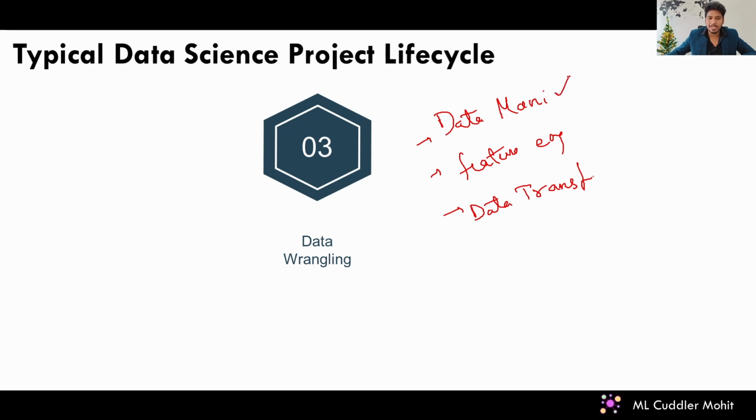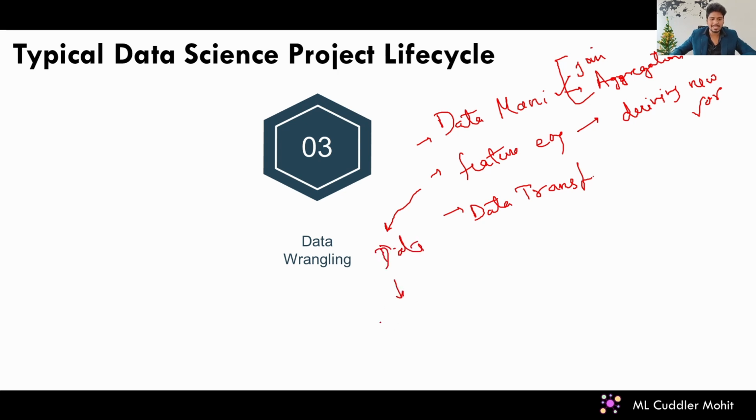In data manipulation, let's say you want to perform joins on two different data frames, or you want to perform some aggregation, like group by in SQL. After that, feature engineering. Feature engineering is a step in which you derive new variables from the existing variables. For example, let's say you have a date variable.